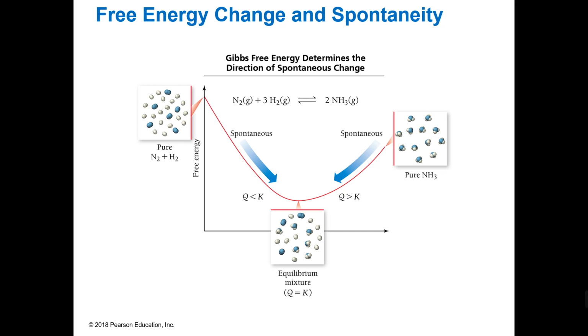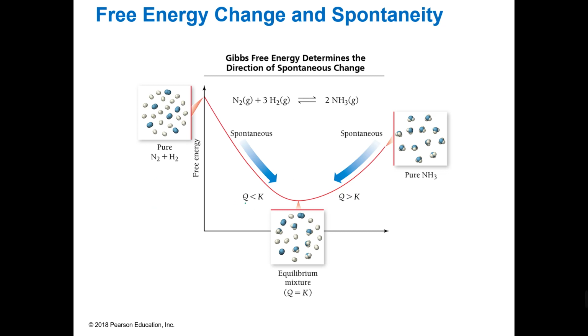If K was very, very, very small, the reactant side was going to be favored. Now we're going to look at it in terms of spontaneity, what's going to happen, and comparing Q to K. Q mathematically is solved the exact same way as K, products over reactants. However, Q is at any given point in the process of a reaction, where K is specifically at equilibrium.